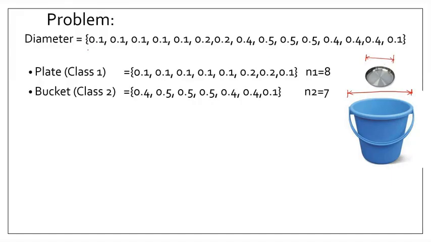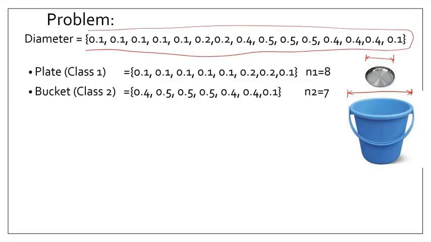So the list of samples is here. This is my total sample list for all the samples of the type plate and bucket. We generally call this X, so this is my X set.